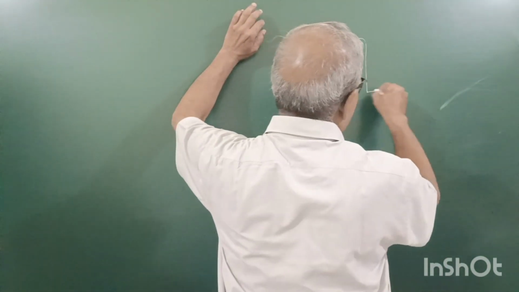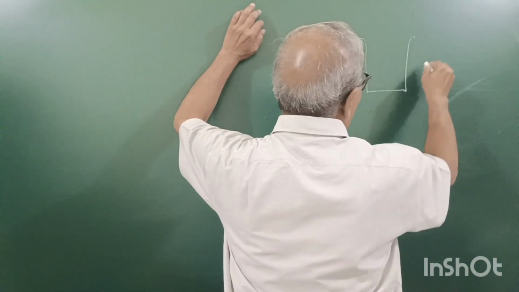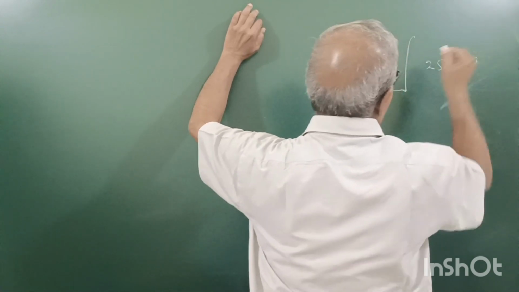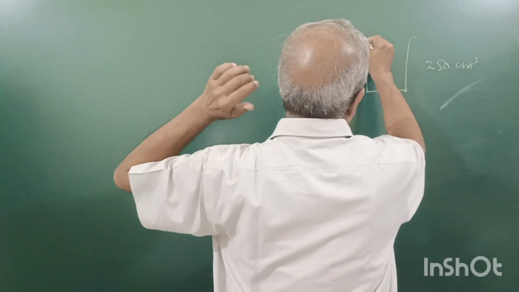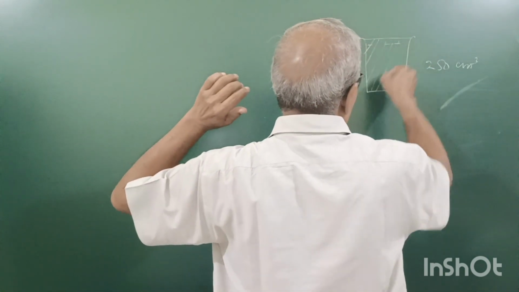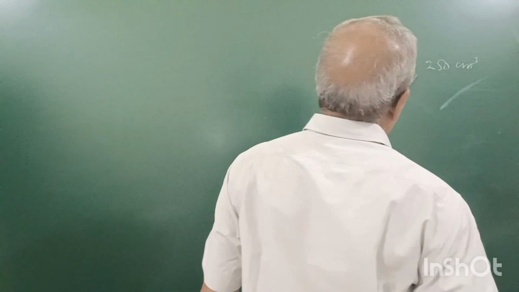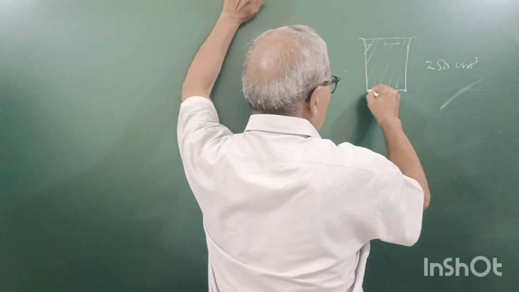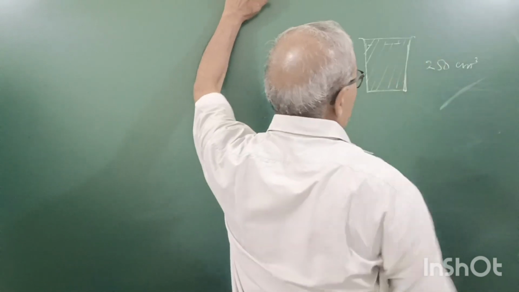It is a glass container of volume 250 centimeter cube and it is filled with mercury. Actually mercury is not opaque.